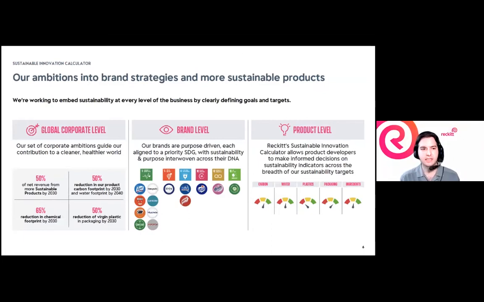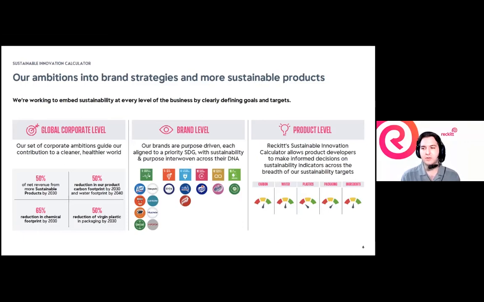And this strategy then is embedded at every level of the business, and with these goals, we break those down from corporate level targets into brand level priorities, and our brands are very much aligned with a purpose that then connects into the sustainable development goals.